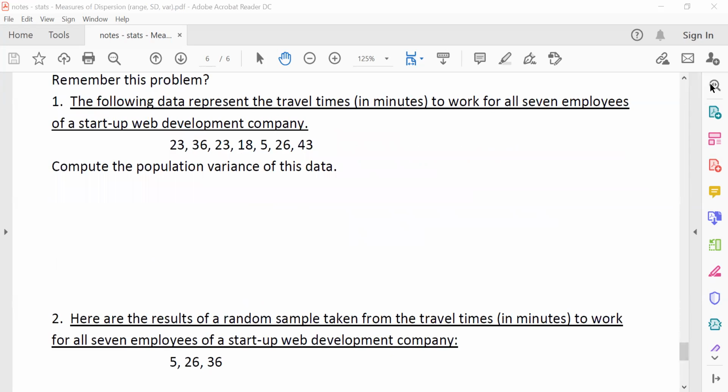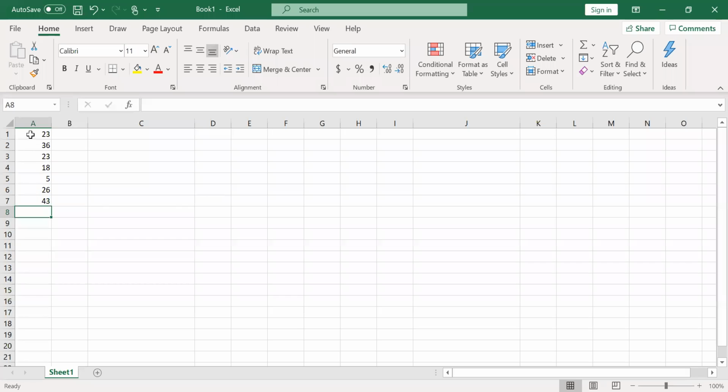Let's look at the Excel. Here's the 7 data values.